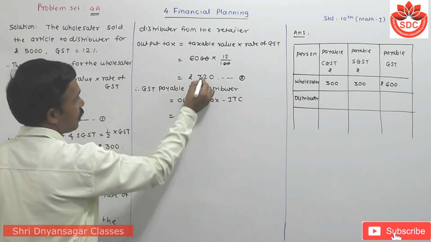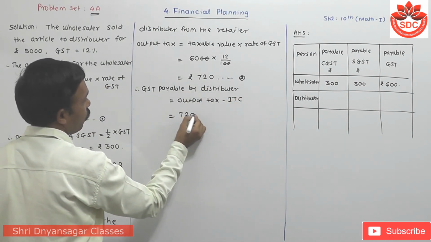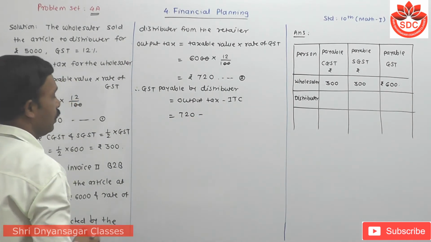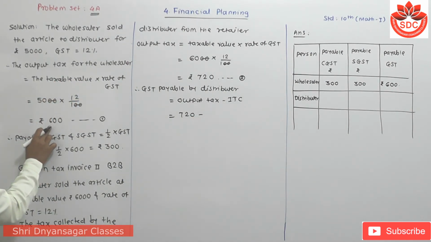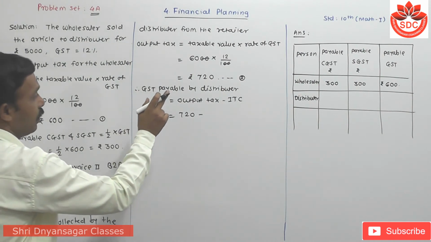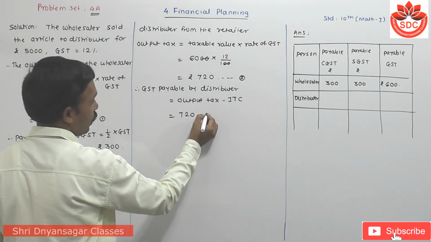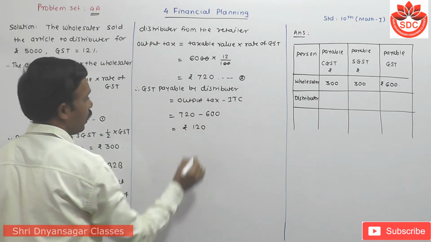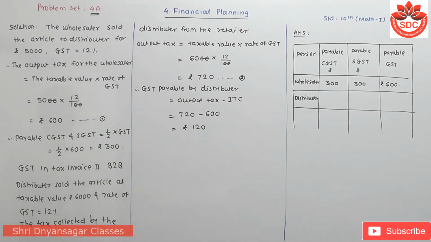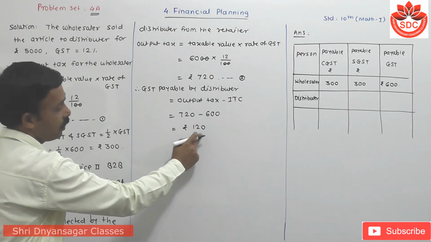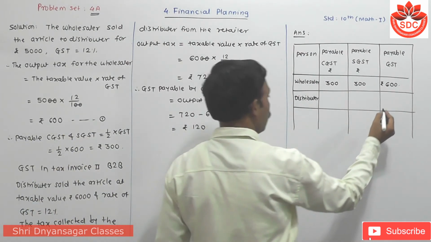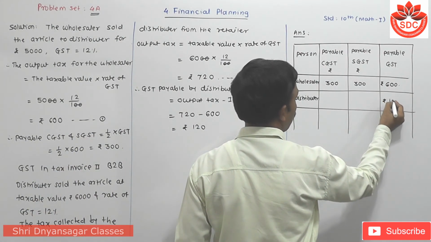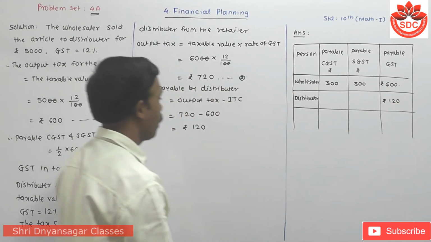Here the output tax is 720 rupees minus this 600, which is the ITC for this distributor. So this amount is 120 rupees. That means the tax payable by the distributor is 120, so I have to write here rupees 120.